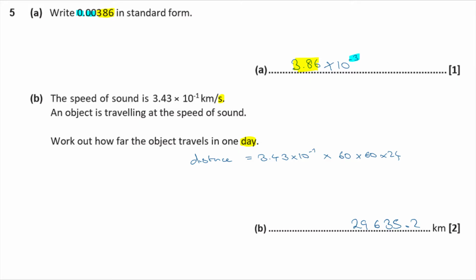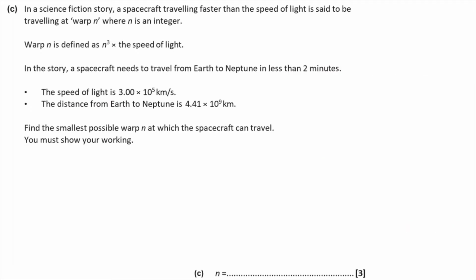Now it doesn't say if it wants it in standard form or otherwise, so I guess that's an acceptable answer. Part C says, in a science fiction story, a spacecraft travelling faster than the speed of light is said to be travelling at warp n, where n is an integer. Warp n is defined as n cubed times the speed of light. In the story, a spacecraft needs to travel from Earth to Neptune in less than 2 minutes.